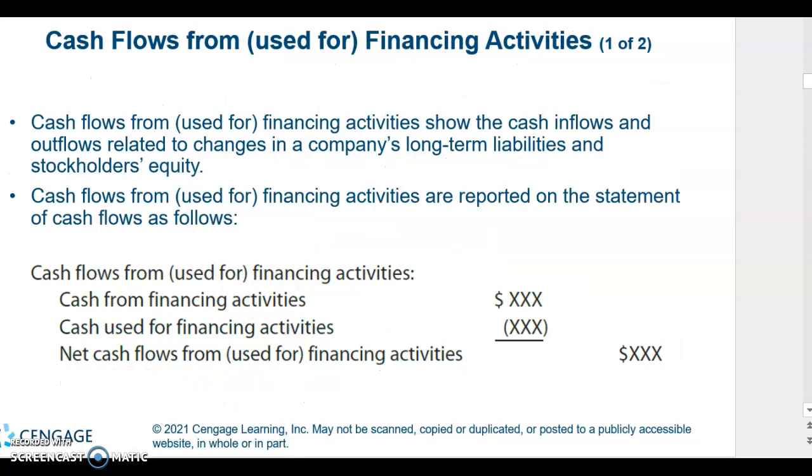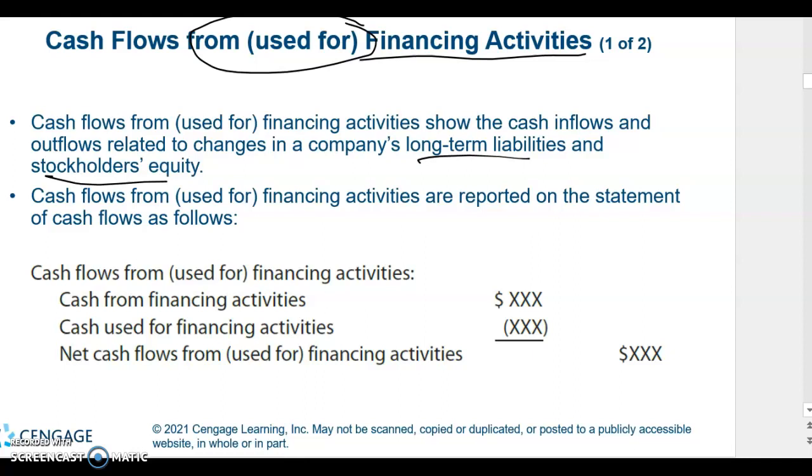Now we're going to look at financing activities. And remember these words here, used and from. And remember, financing activities deal with your long-term liabilities and your stockholders' equity.